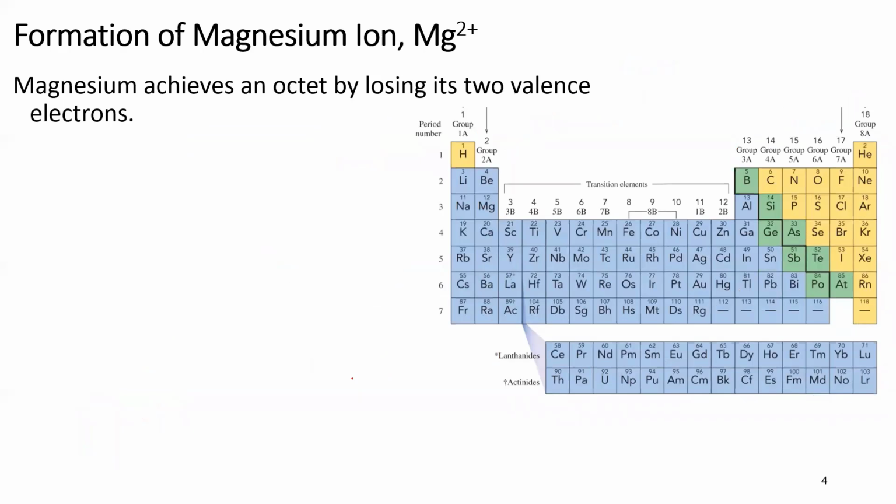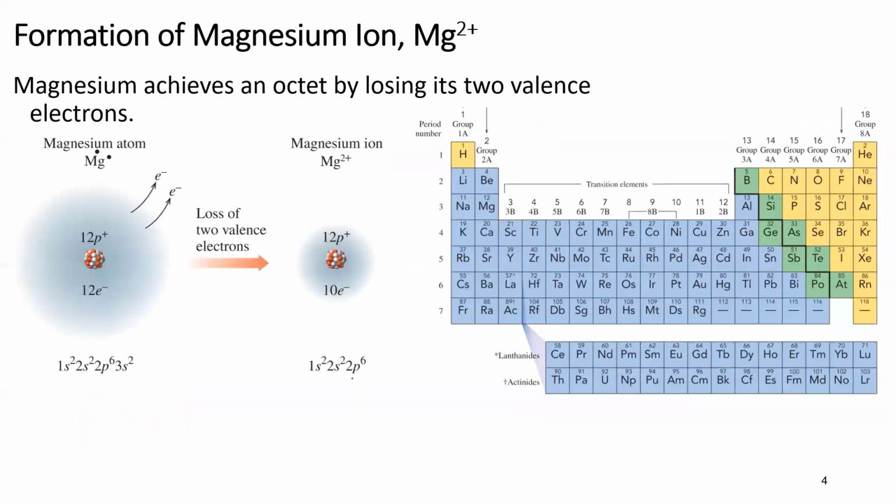What about magnesium? Magnesium has 12 protons, 12 electrons. Why does it have 2 dots? Because it's in group 2A, and it has 2 valence electrons. Where are the 2 valence electrons? Well, these are inside. That's my first energy level, 2.